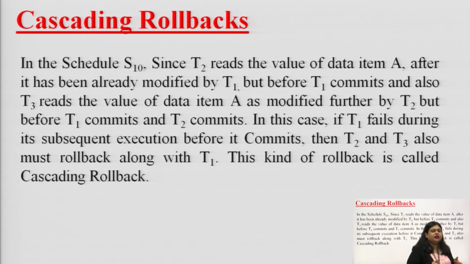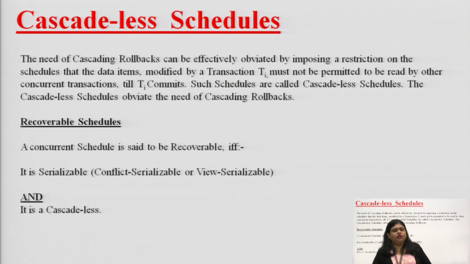Therefore, if T1 fails during its subsequent execution before it commits, then T2 and T3 must also roll back along with T1, and this type of rollback is called a cascading rollback. We want to avoid this, because cascading rollback has a lot of overhead.